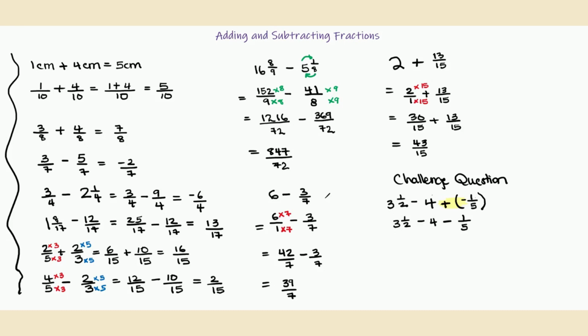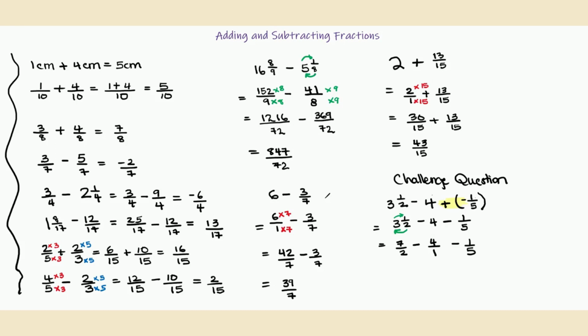Now let's change our mixed fractions. Two times 3 is 6, plus 1 is 7, so this will be 7 over 2. If I want to have the same denominator here, I need to write it as 4 over 1, so I can see how to get it to have a denominator of 2.